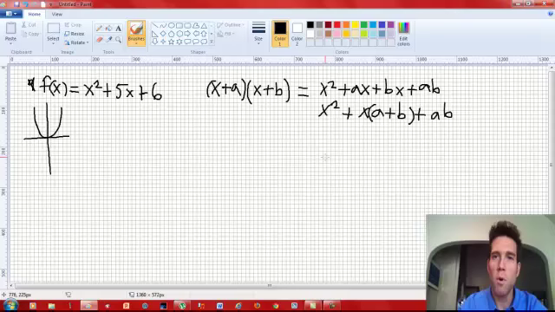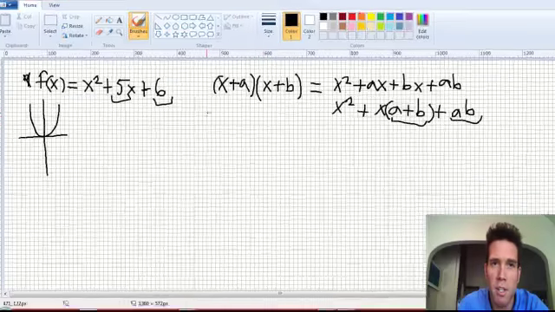So this is the form that we want to get it into. So how are we going to do this? Well, first we have to notice that this 5 term corresponds to this a plus b over here, and this 6 corresponds to this a times b.